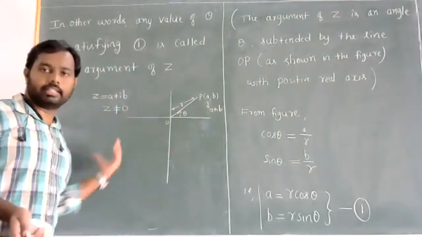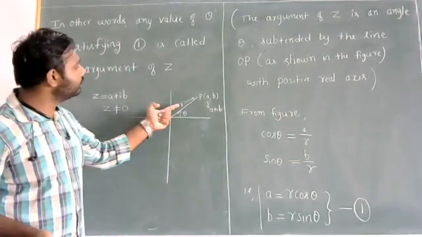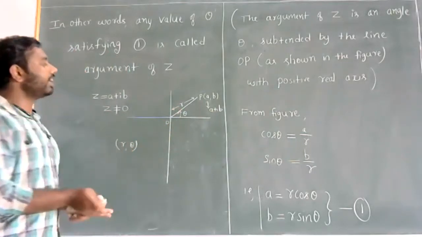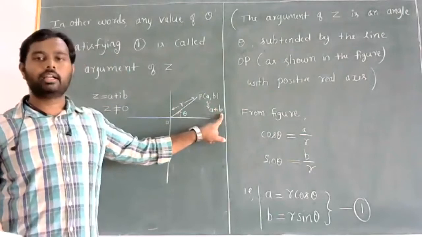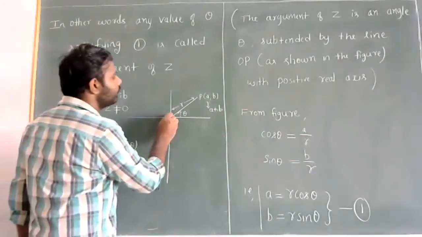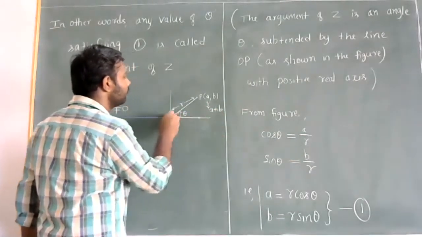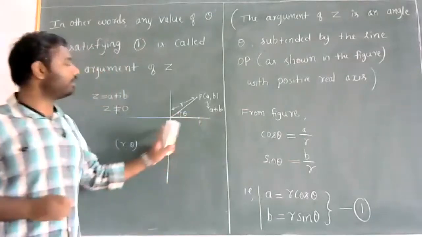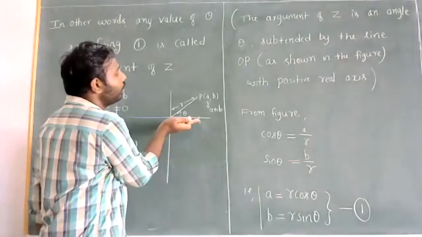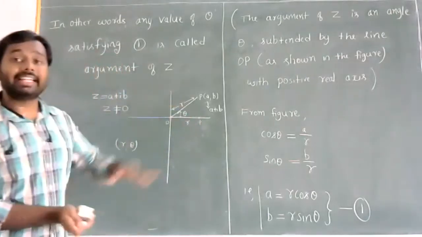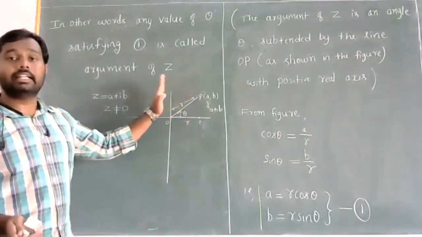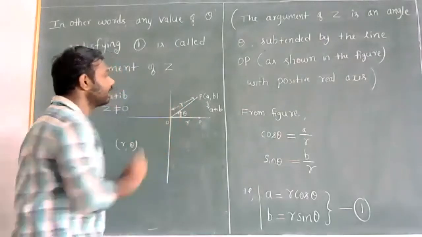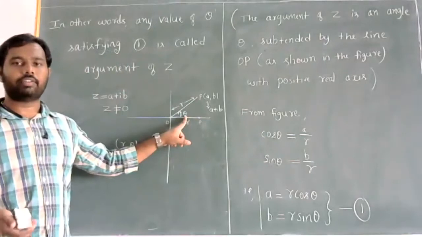And we already saw that using these two real numbers, r and theta, we can identify the complex number a plus ib. That is, first by drawing the line OP of length r and rotating it in anti-clockwise direction by an angle theta.